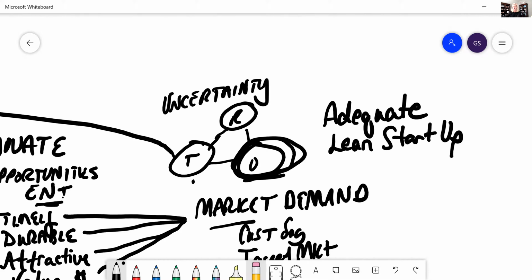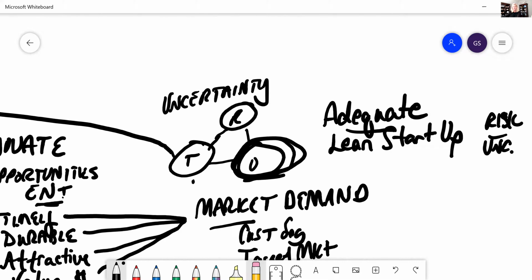And this is where we use only adequate resources to start the business, just enough to get us going. And the reason that we do that is because it helps to minimize risk, in that the less you have invested, the less you have to lose. It also helps to minimize uncertainty. So it helps quite a bit.